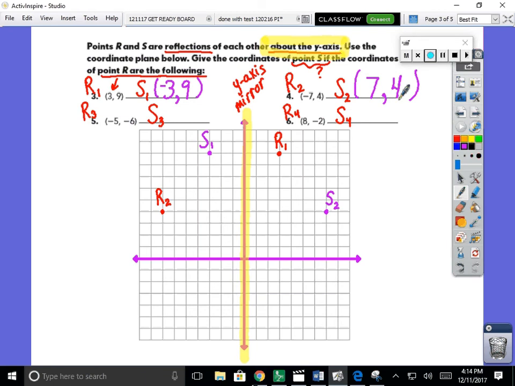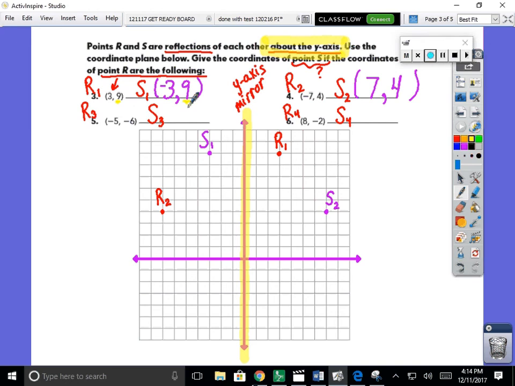We really want to continue this for the next couple points where we're given the r and we have to find its reflection of s. And I want you to start noticing something. I hope that my students start to make these observations while they're working on these things. If you look, something kind of looks the same here. Well, in number 3, both of these coordinate pairs have a 9 in the second position, or for the y.